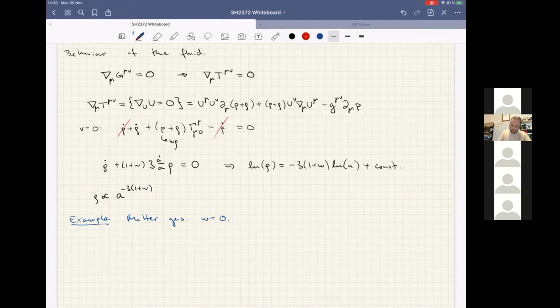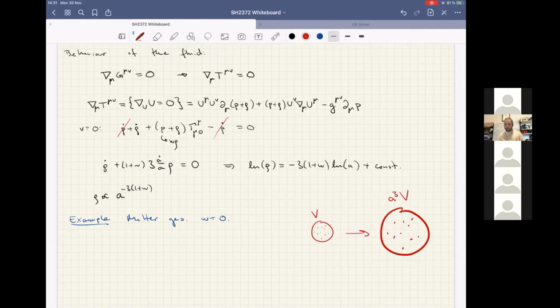Well, if we have a matter gas, it's essentially a lot of particles that are not moving in some volume V, and then we let this volume expand. So we take this and we expand it by some scale factor. So this is a cubed multiplied by V is the new volume of that.